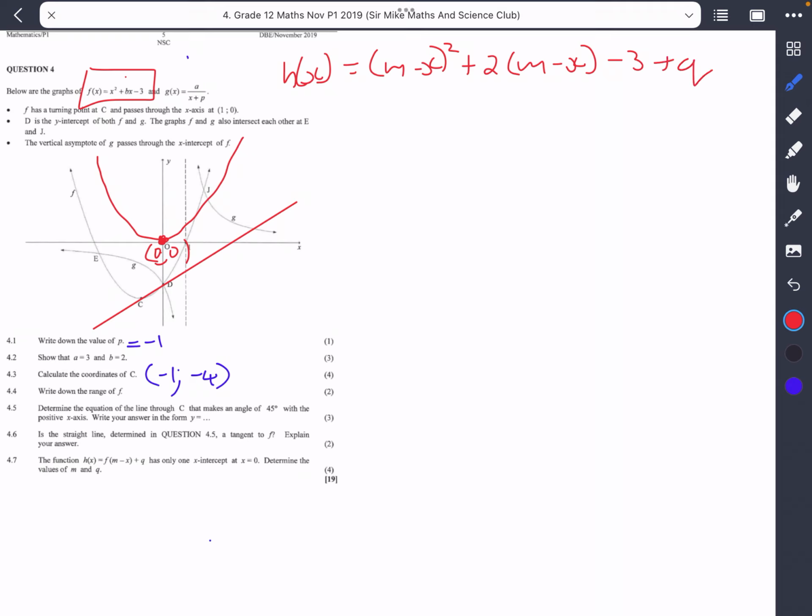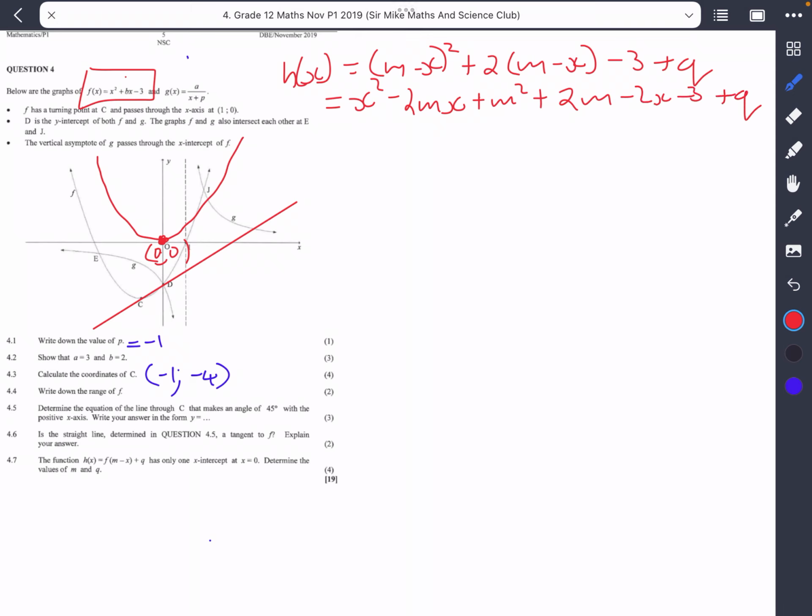So in this case, I'm just going to simplify that a little bit. So I would actually have x squared minus 2mx plus m squared minus... I'm also going to just distribute that. So in this case, we also have plus 2m minus 2x minus 3 plus q.